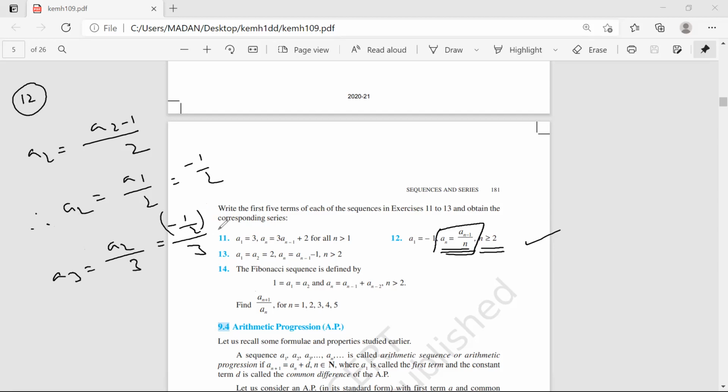Minus 1 by 2 by 3, that is minus 1 by 6. Like this, find A4. What is A4? By 4. Find A5 last.